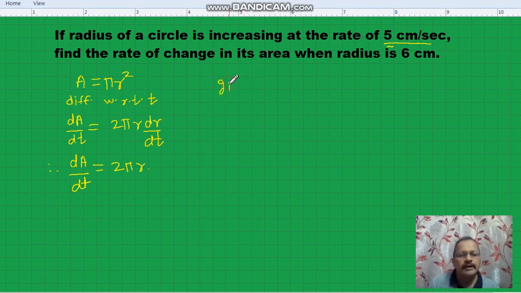I have to write it initially. Given dr by dt is equal to 5 centimeter per second.